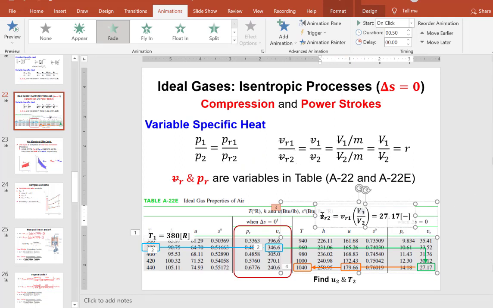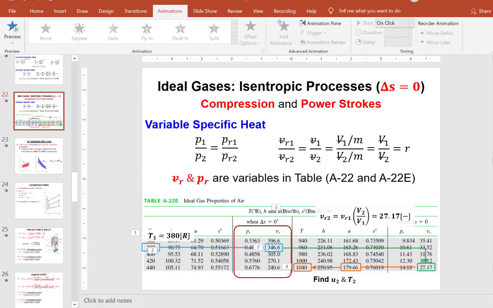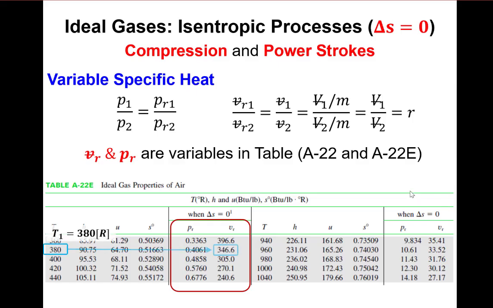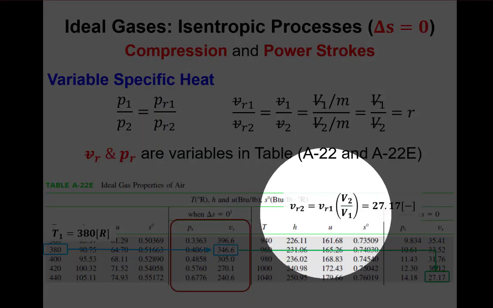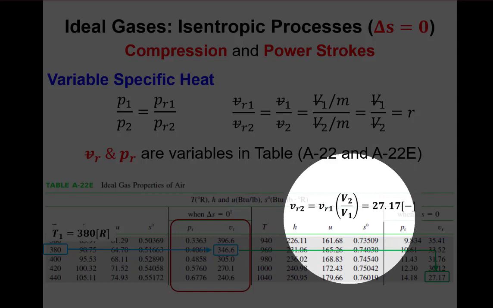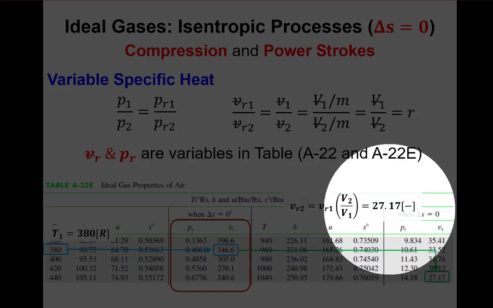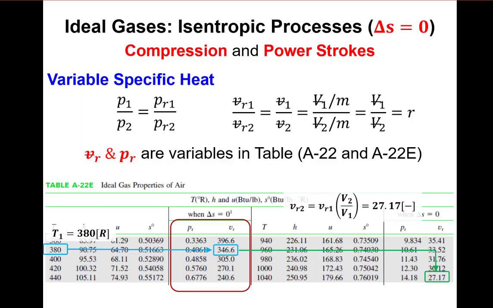So this would have been VR2 over VR1, so this has got to be V2 over V1. So let's say this is done in such a way that VR2 times VR1, multiplied by V2 over V1, is equal to this, 27.17. I can only use this equation if it's an isentropic process.